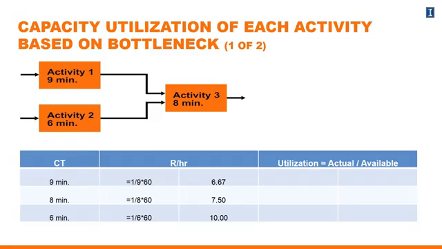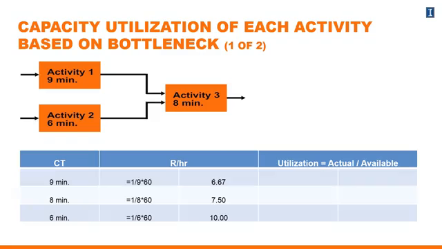We have the cycle times for each one of these calculated, and we have the rate per hour, which is the capacity for each one of these. All right, let's take a look at capacity utilization being measured when no information is given to you about the demand. You only have the cycle times of the 3 activities, and you have to calculate capacity utilization based on that.